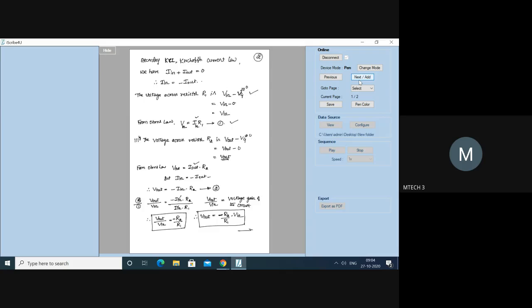Shall we go further? After understanding this derivation, we'll go for one more derivation, which is the non-inverting amplifier. Make a note of this.